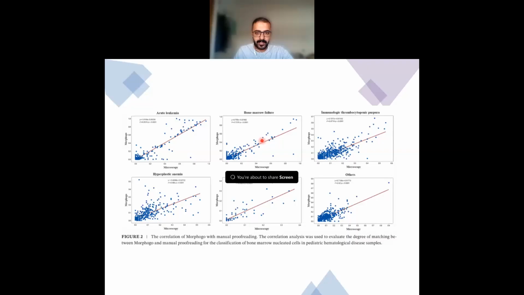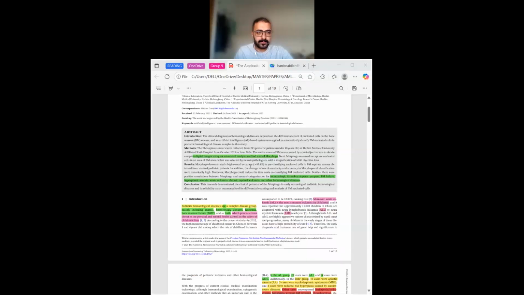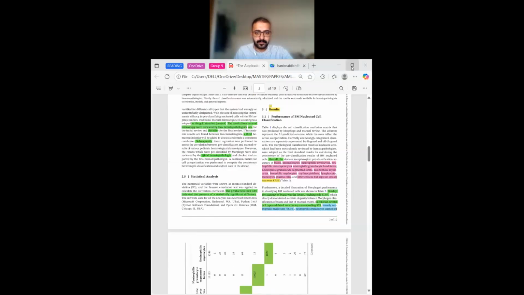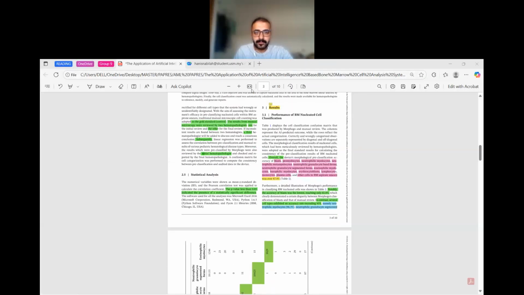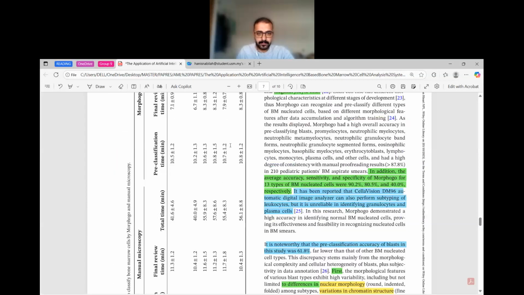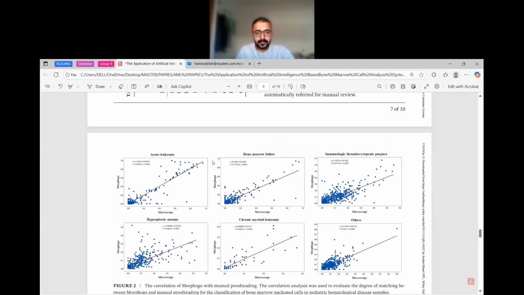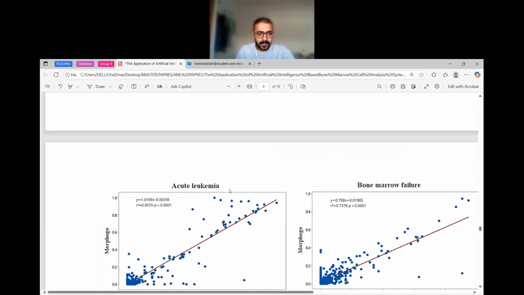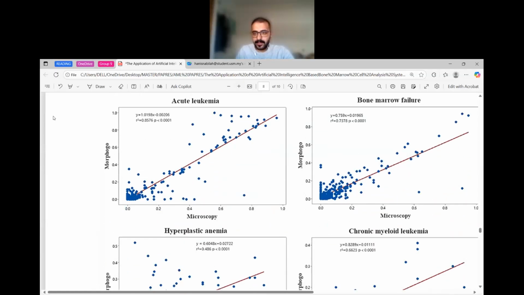I want to share it from the paper because it is clearer from here. It's clear, right?